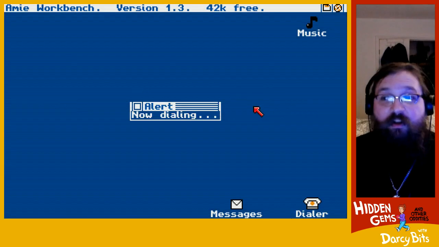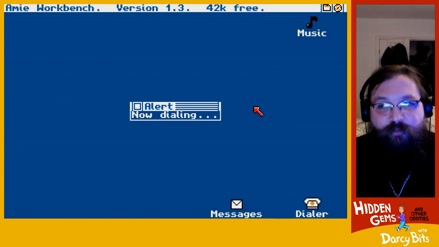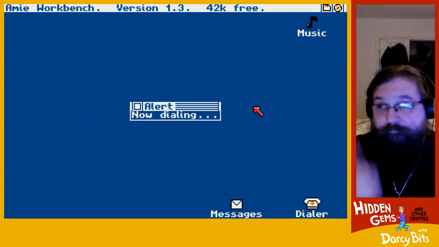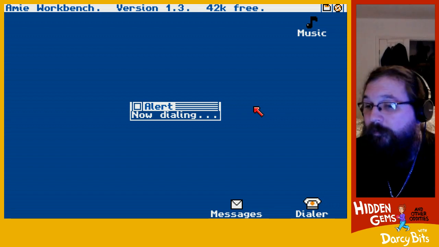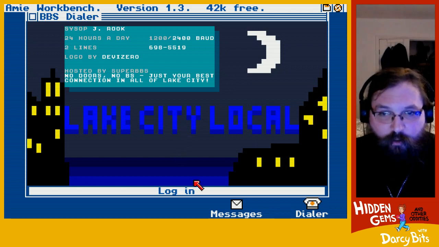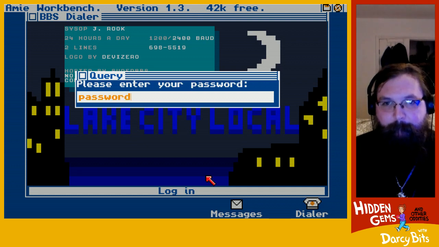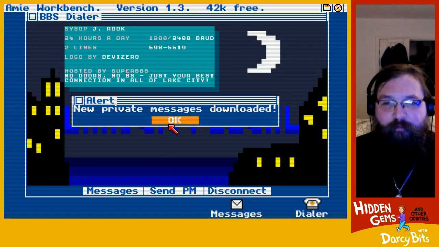And I find it just physically very satisfying to enter codes like that. Okay, Lake City Local, log in, enter my password, a genius password. New private messages have been downloaded.